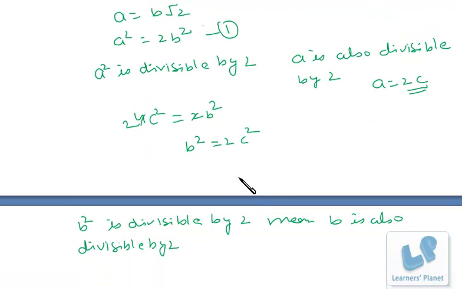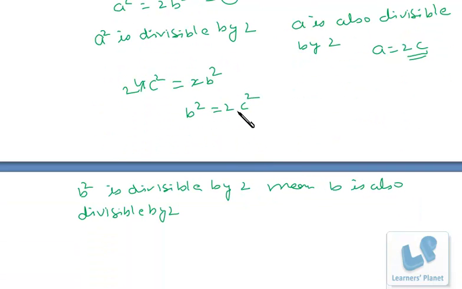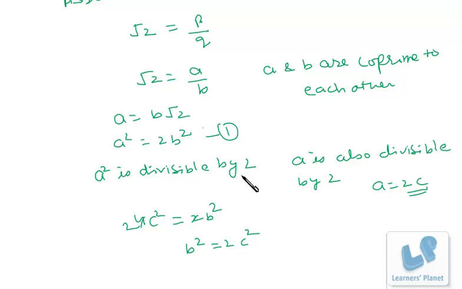That means b square is divisible by 2, so b is also divisible by 2. Now if a is divisible by 2 and b is divisible by 2, that means a and b have a common factor 2, so a and b are not co-prime to each other. That means our assumption that root 2 is a rational number was incorrect. So with these steps we proved that root 2 is an irrational number.